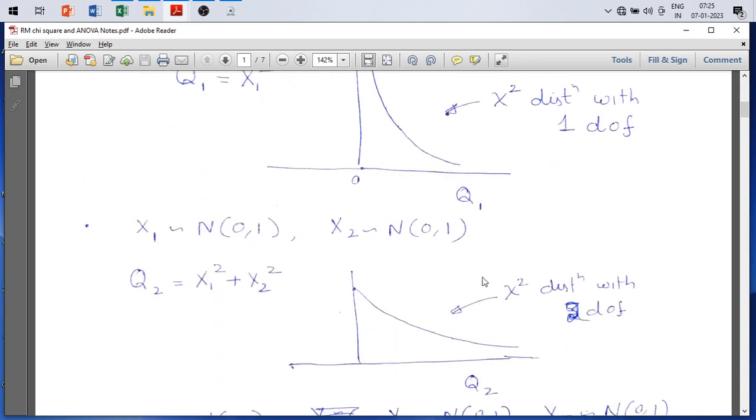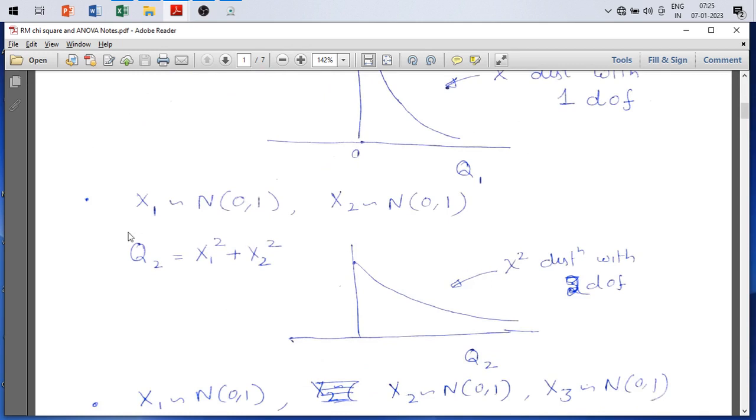Now similarly, let us say we have a random variable x1, which is normally distributed, and also another variable x2, which is also normally distributed just like x1. And say both of these, x1 and x2, are independent. Now we can define another variable q2 as x1 square plus x2 square.